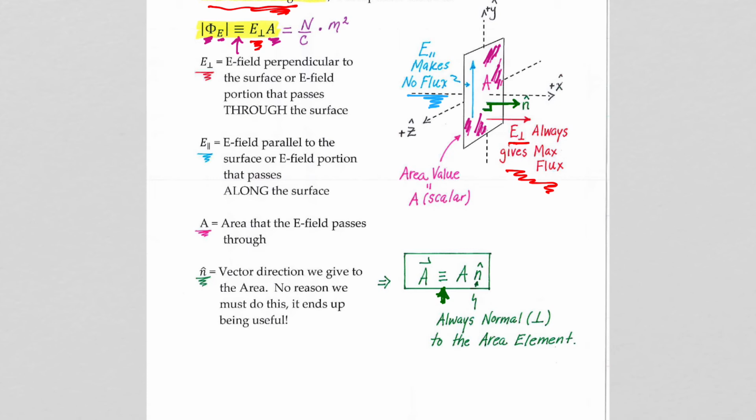So we are introducing area now not just as a scalar in meters squared, like base times height, but we are giving it direction. So the mathematicians have determined it's useful to say that the area will have a direction to it, n hat, and that it's going to be perpendicular to that surface area.